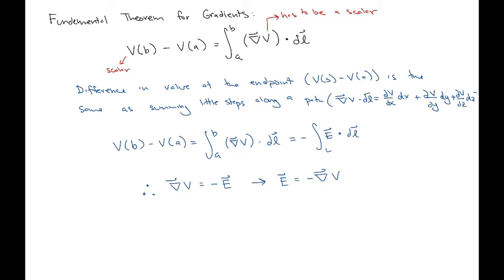So we've got this cool thing now called a potential, which is a scalar field, just like height or temperature, relating to this thing that is a vector, which is the electric field. What turns the scalar into a vector is taking the gradient. If you remember this del operator, it turns our scalar fields into vector fields because our scalar fields can have rates of change in more than one direction.